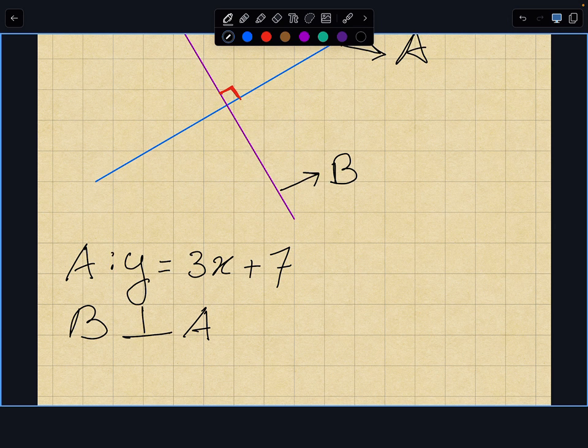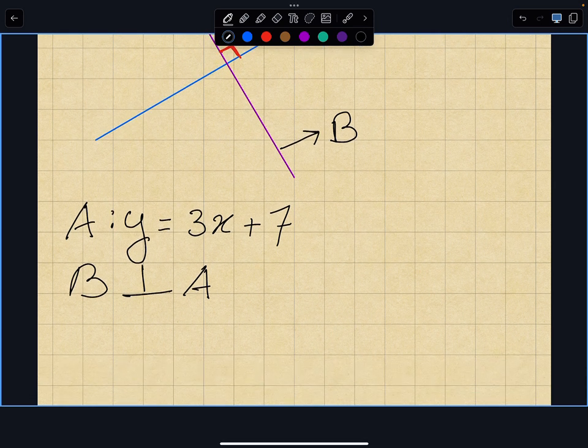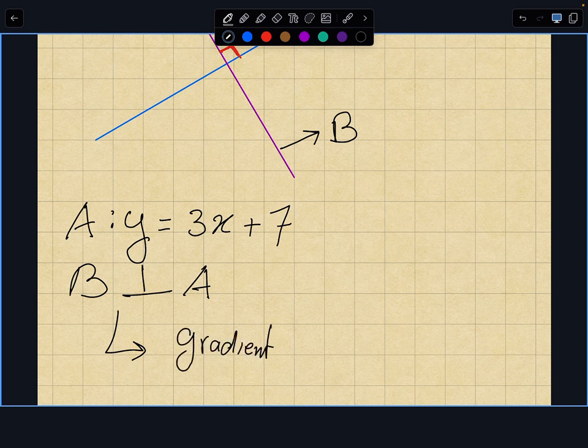You have an equation. That means the gradient of line B equals the gradient of A multiplied by the gradient of B, and that answer is -1.